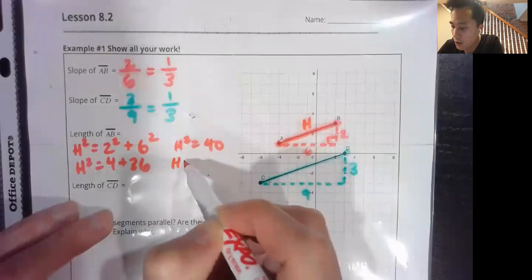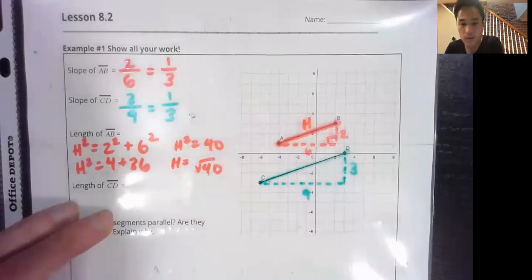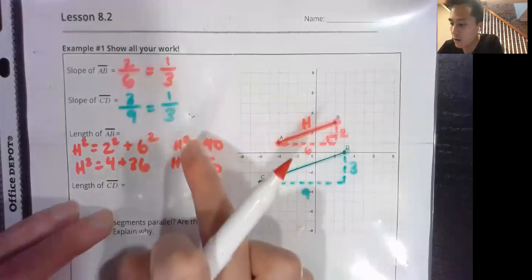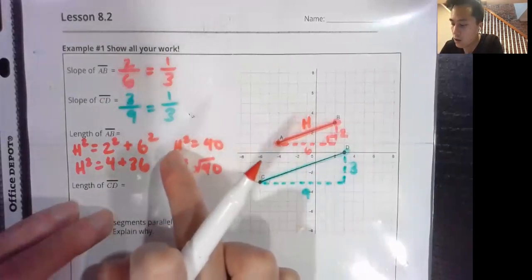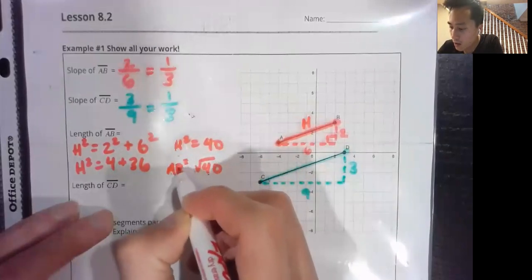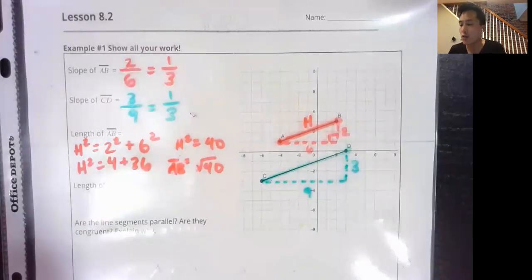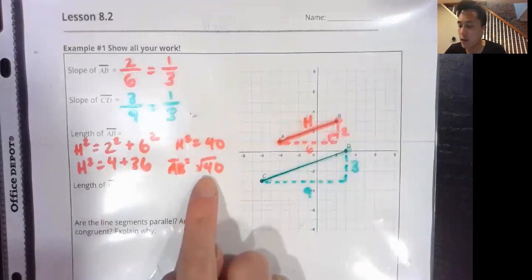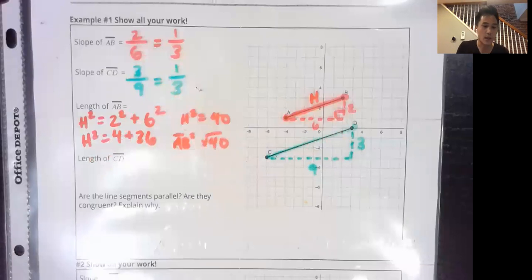So then h is equal to the square root of 40. And then now, actually, I can say, instead of h, AB. The length of AB is equal to the square root of 40. The square root of 40 is not a perfect square, so then I can leave it just in square root form like that.